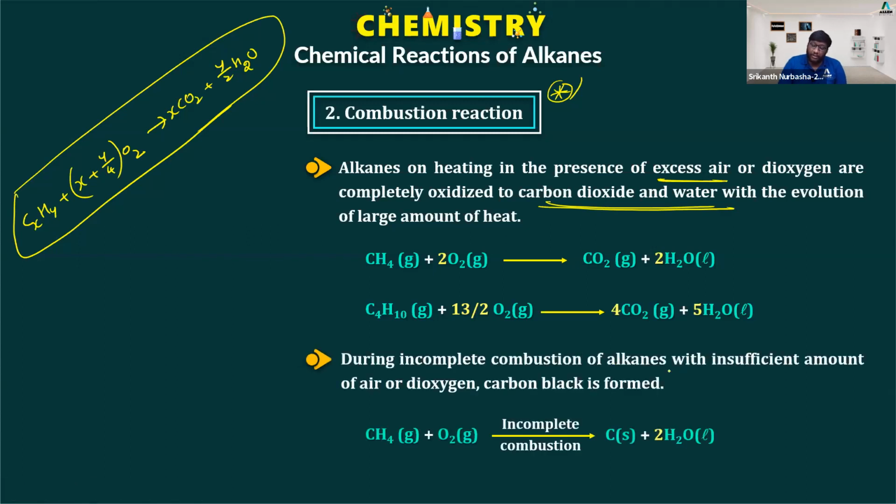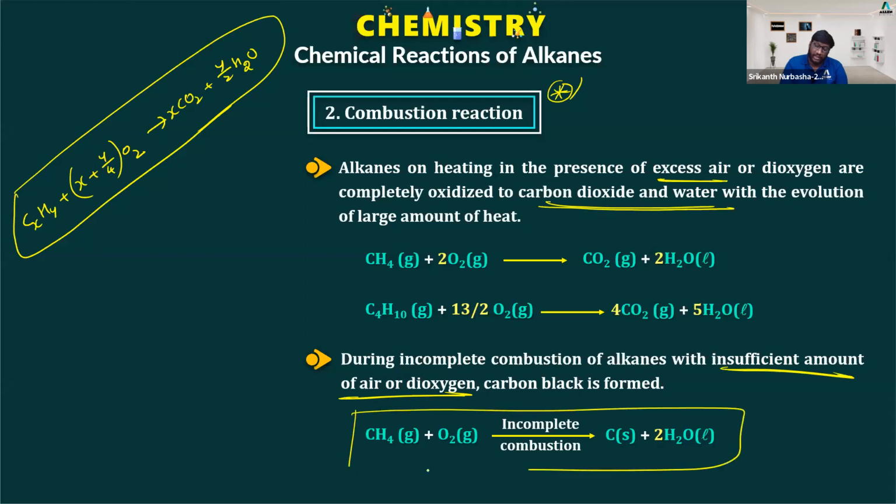CH4 plus O2 incomplete combustion gives C solid plus 2 H2O. Is that clear or not? Complete combustion means the carbon is converted to carbon dioxide. In the incomplete combustion of methane, you will produce carbon black.